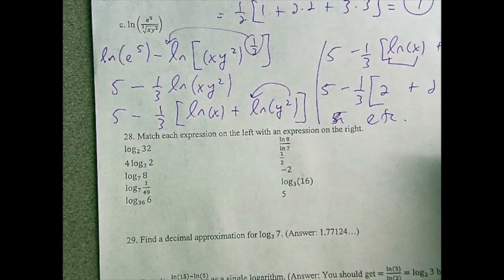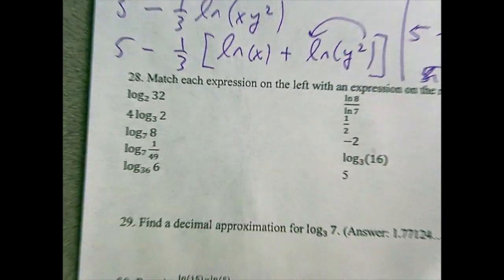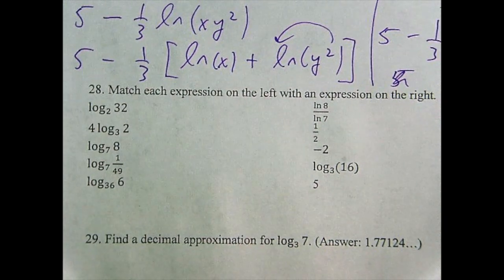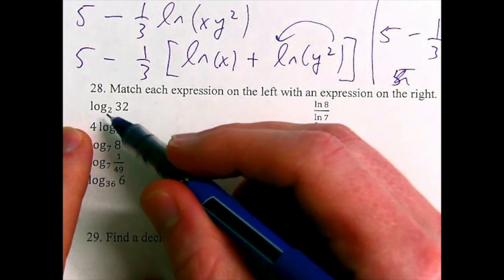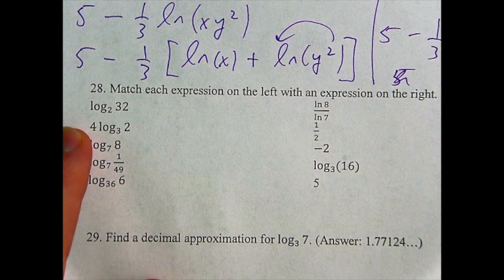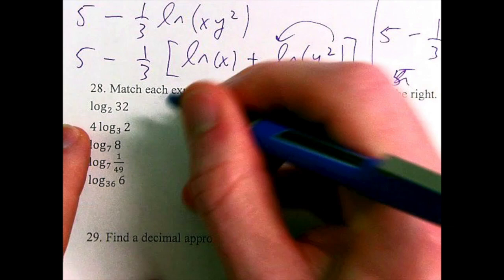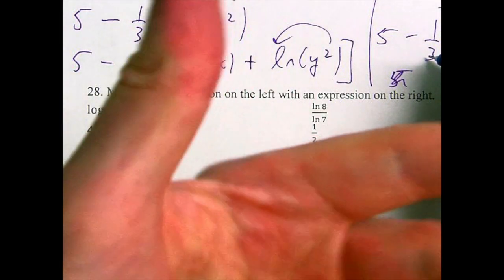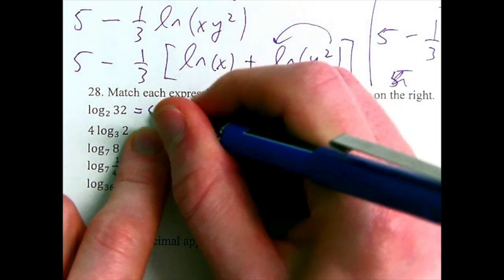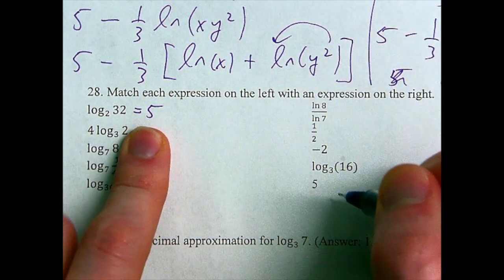so one more, or a couple more. This one here just reminds you that you have to know what logs actually mean. This is the power of 2 that gives you 32. I don't know what that is. 2, 4, 8, 16, 32. I guess that's 5. Is 5 somewhere on the right-hand side? Yeah, it is.